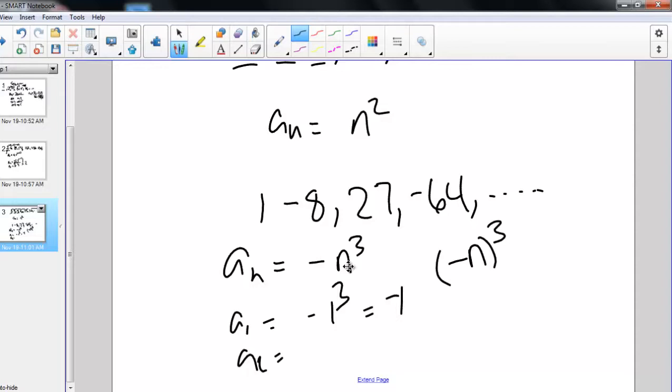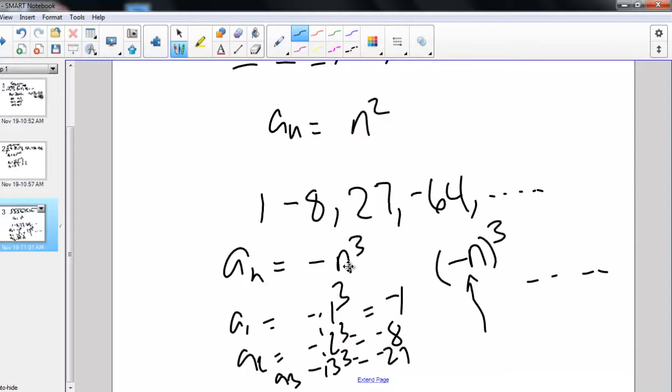Because if I do 2, that's -8. 3 is -27. All of those are going to be negative. If I put it in parentheses, all of those are going to be negative. So I know it's the cube. We've established that it's a cube.